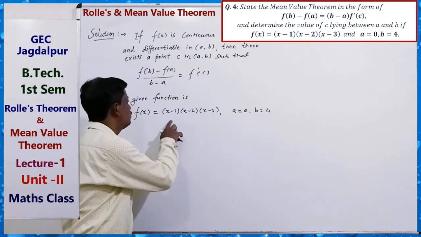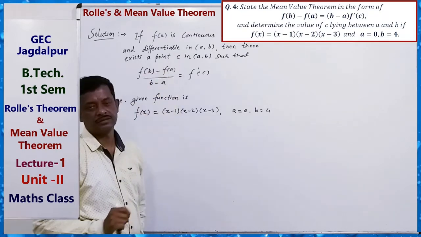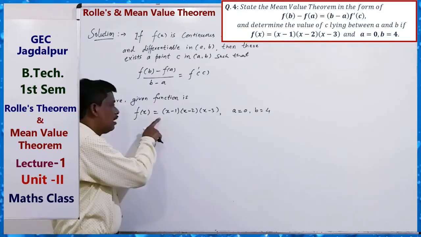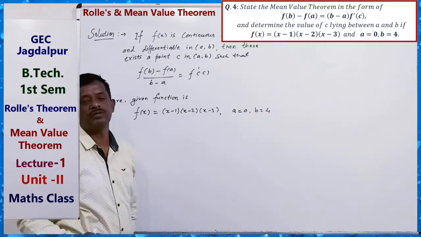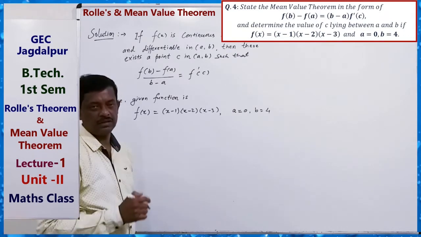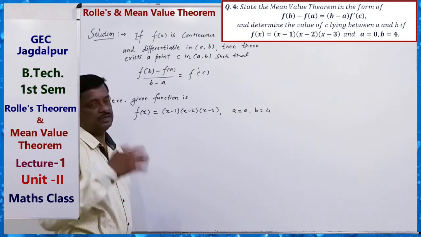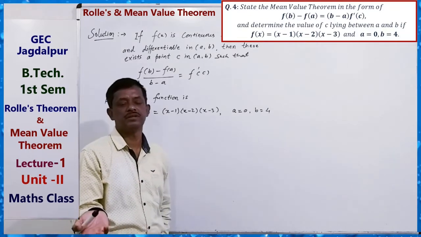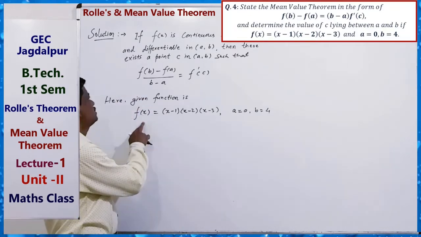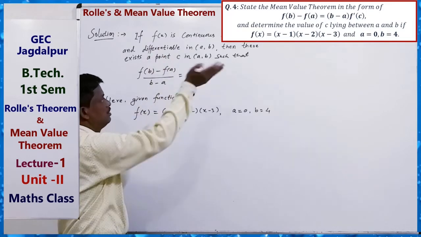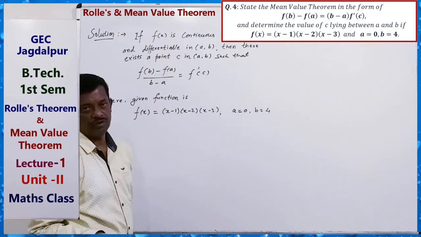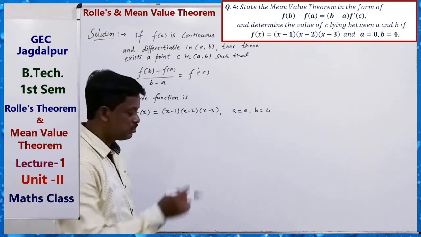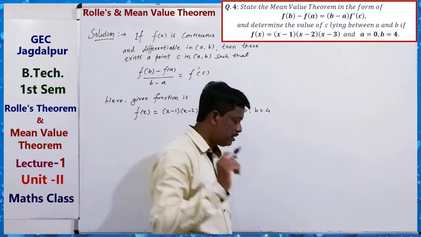Every polynomial function is continuous, and after differentiation of this third degree polynomial we get a second degree polynomial, which is also differentiable. So f(x) is continuous and differentiable in the interval (a, b), that is (0, 4). First, we have to find the derivative.